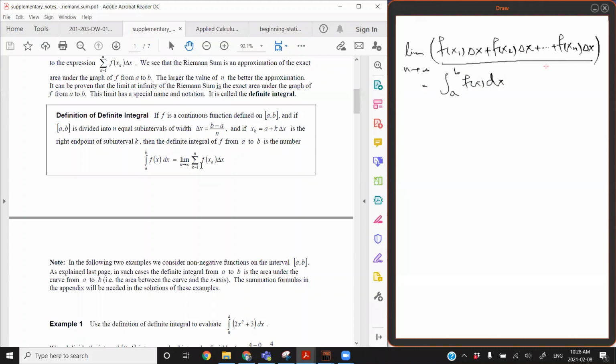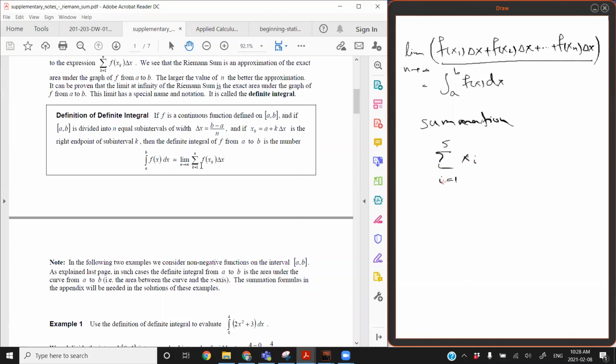So the notation that we are using for this is called a summation notation. So what is that? Let's say we have sigma of xi, i from 1 to 5. What do we mean by this?